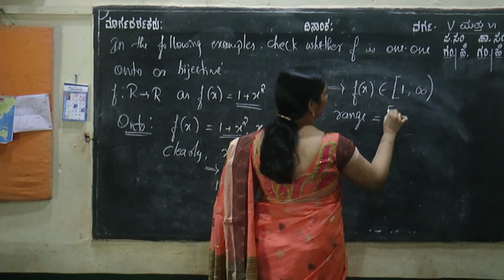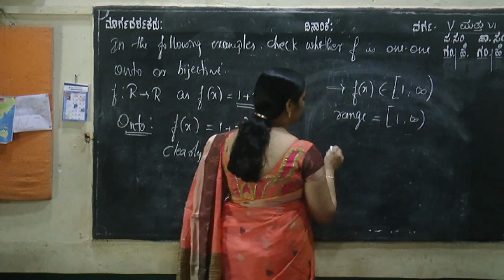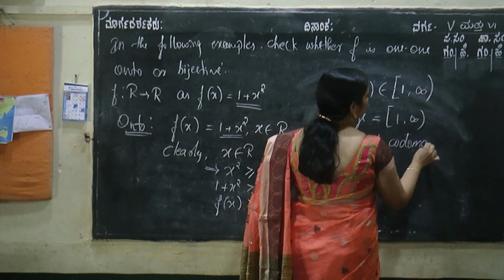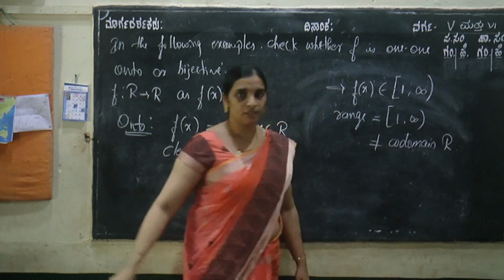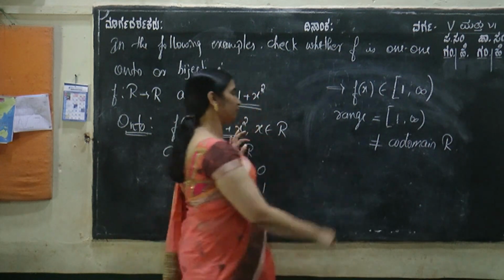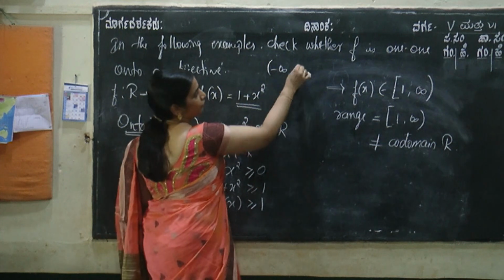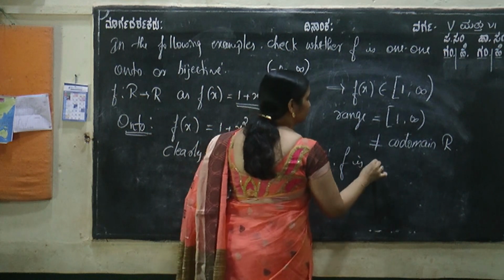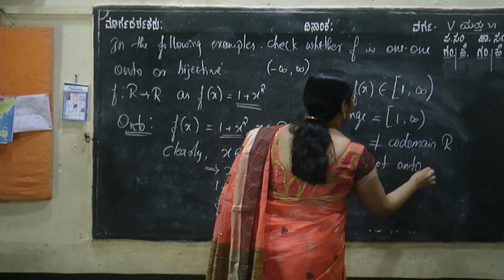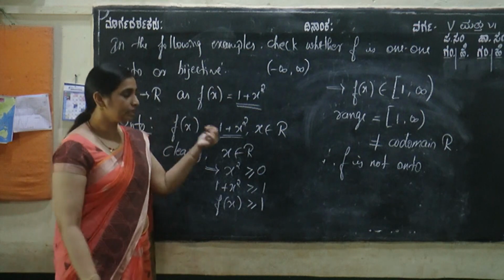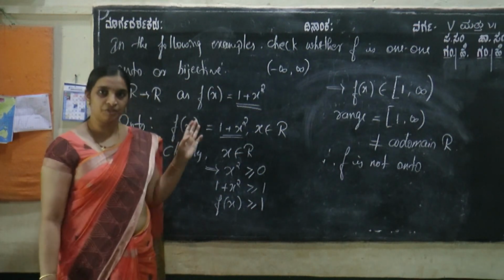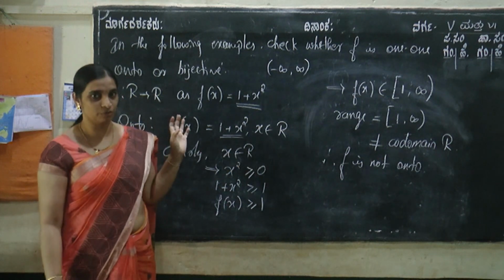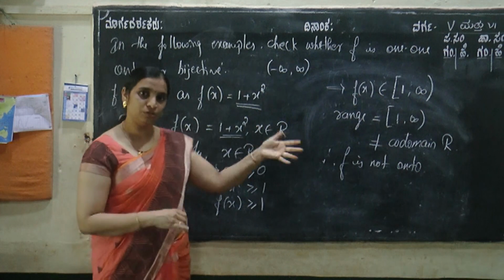Range is equal to the closed interval 1 to infinity, which is not equal to the codomain R, because the set of real numbers is nothing but minus infinity to infinity. Therefore, f is not onto. The given function is neither one-one nor onto. So we cannot conclude the function is bijective, because it is neither one-one nor onto.